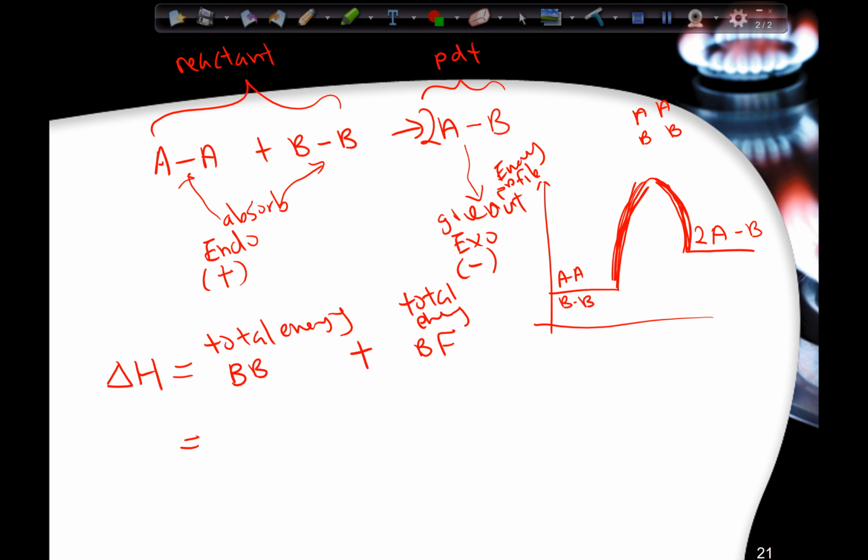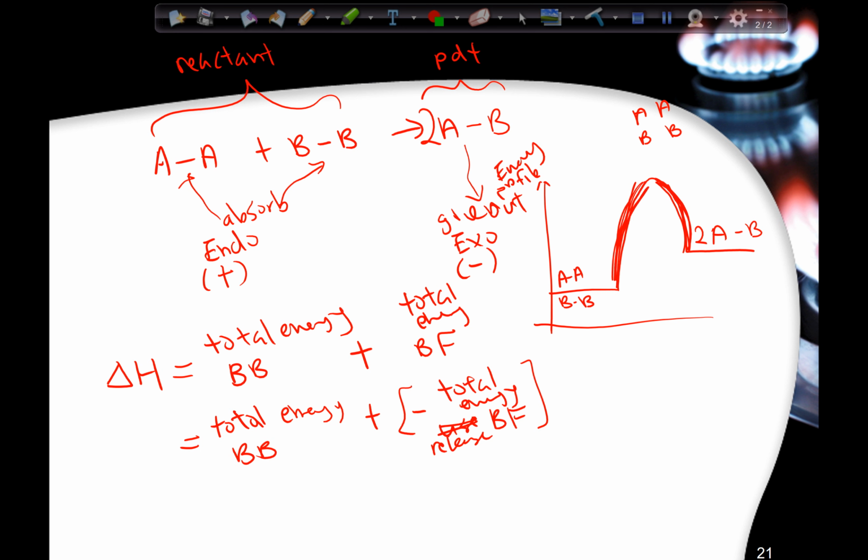Since bond breaking is a positive value, and the energy given out in bond forming is a negative value, the overall equation is the total energy of bond breaking plus the negative of the total energy released in bond formation. Take note of that, as that is another way of finding the enthalpy change.